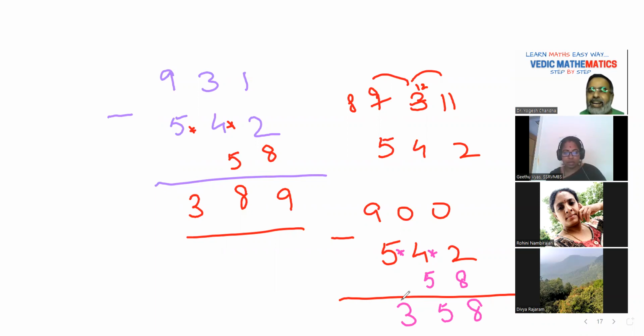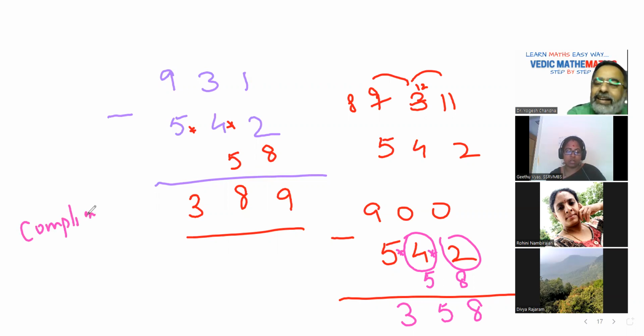See, we are not performing. We are taking this as an individual number. We are not finding a complement of a 2-digit number here. Here, I was applying complement of only this number.